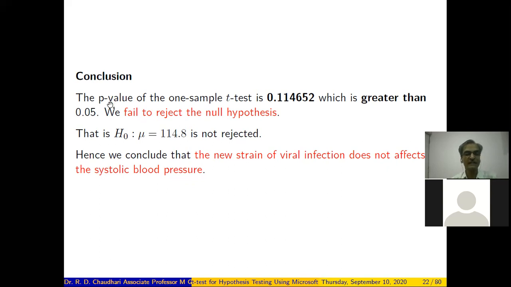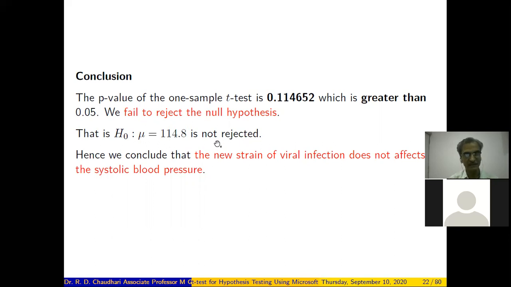So in our case, for the one sample t-test, the p-value is 0.114652, which is greater than the level of significance 0.05. So we fail to reject the null hypothesis. It means that H naught, mu equal to 114.8, is not rejected, right?